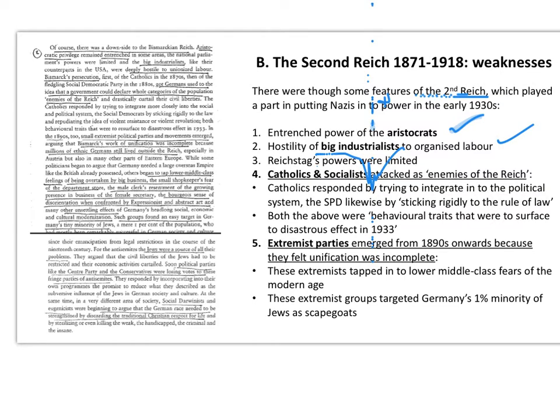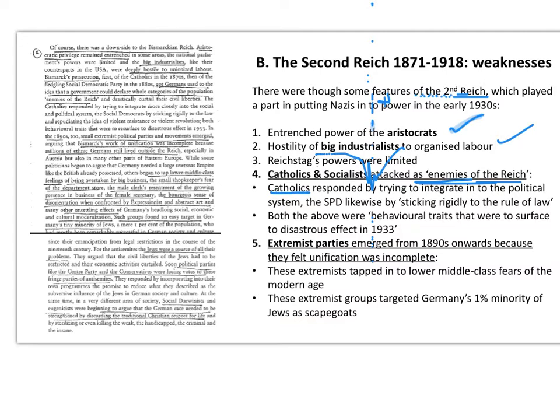The Kulturkampf attacked the Catholics, and his anti-socialist laws of 1878 attacked the socialists. So there's continuity. And we know that in 1933, when Hitler took power, the Catholics responded by trying to work with Hitler in the same way as they did with Bismarck. Remember, Bismarck and the Catholics eventually found a way of working together.